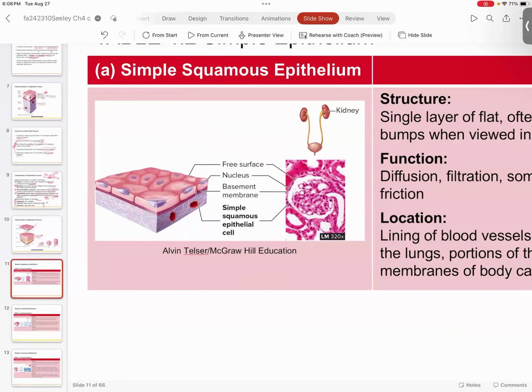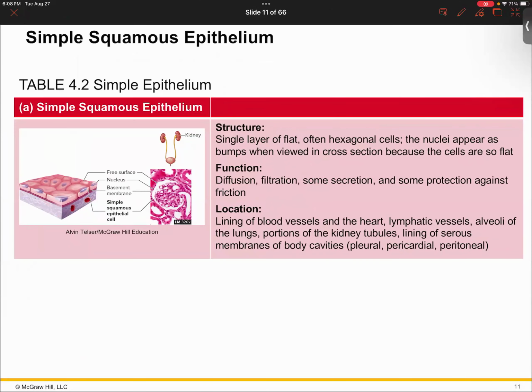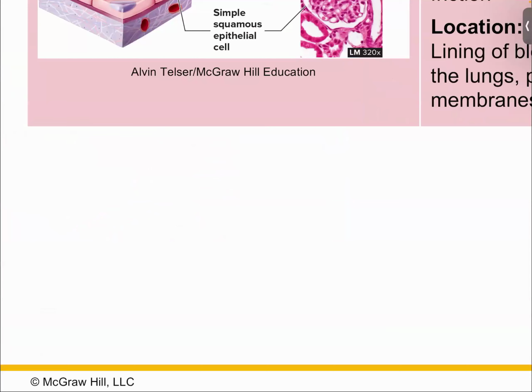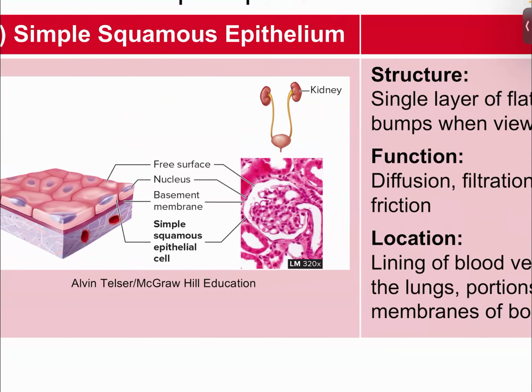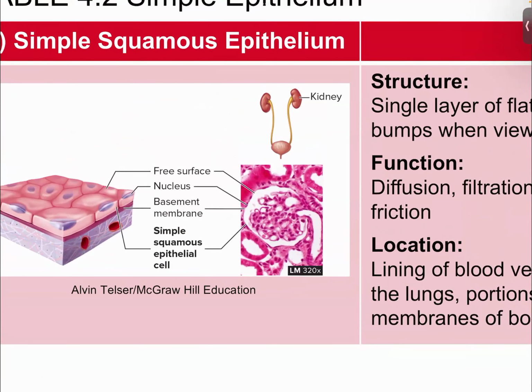I'm going to try to see if I can blow this up here. Here's your kidney. You can see right here on the liner, these little flat cells that line this little white cavity, those are simple squamous. They're flat, single layer cells, okay?